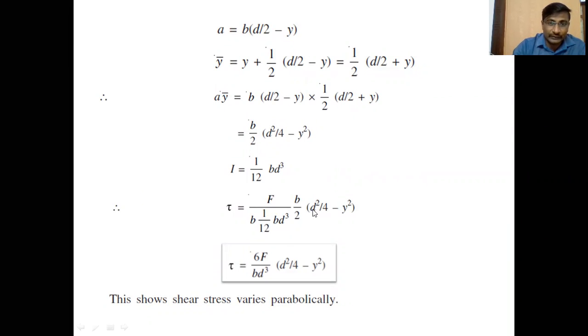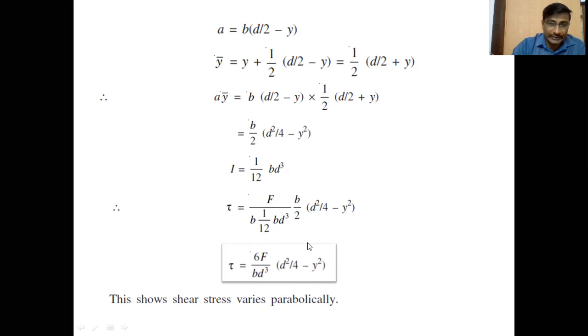Upon substitution of all the parameters into the equation, we get 6F, as the 12 goes into the numerator. 12 by 2 is 6. 6F, b b is cancelled, and remaining it is b d cube. So 6F by b d cube into d square by 4 minus y square is the formula.